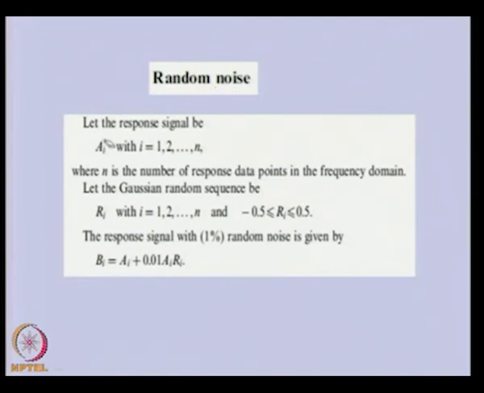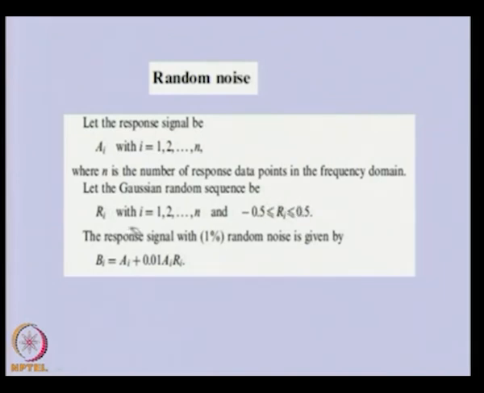So, if the response is, let us say, Ai, with n number of responses, and Ri is a random sequence which is also n in number, whose values we have scaled down from -0.5 to 0.5, because we can generate any random number and scale it into this range.